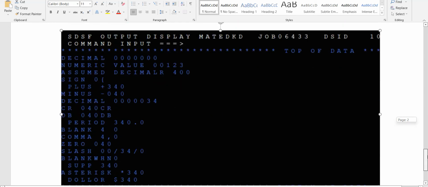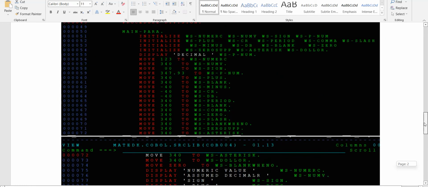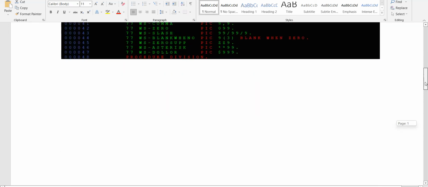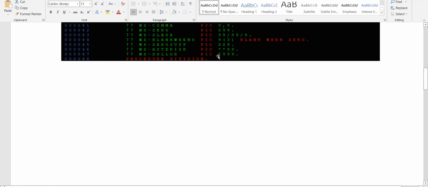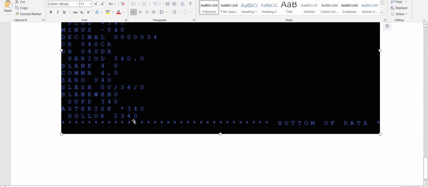So if I display here asterisk, star 340, because we have mentioned star star 0, 1 star is removed. And dollar, so how did I declare this dollar one? See 340. Okay. How I declared dollar triple nine. So 340 we have moved. So it displays dollar 340.